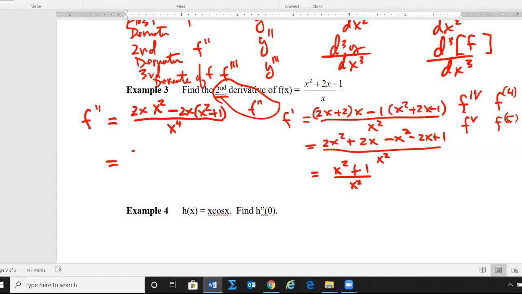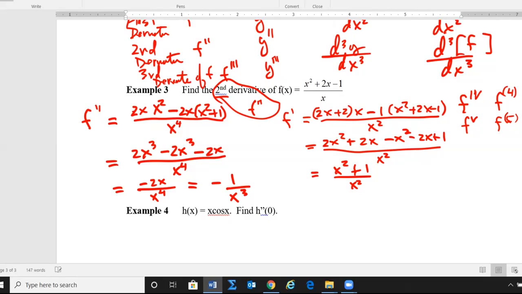Okay, so here we have 2x to the third, minus 2x to the third, minus 2x over x to the fourth, which is just a minus 2x over x to the fourth, which is a minus 1 over x to the third. So the derivative got simpler, didn't it? So that's our answer for the second derivative. Okay, looks like the third derivative would be pretty easy to get at this point.